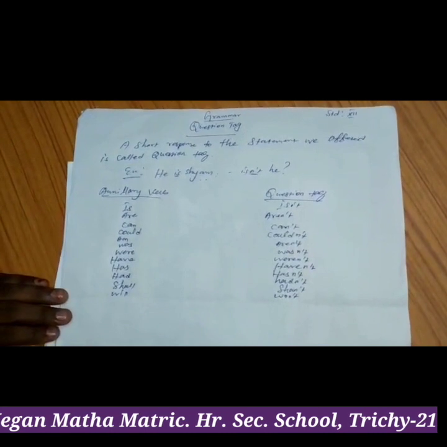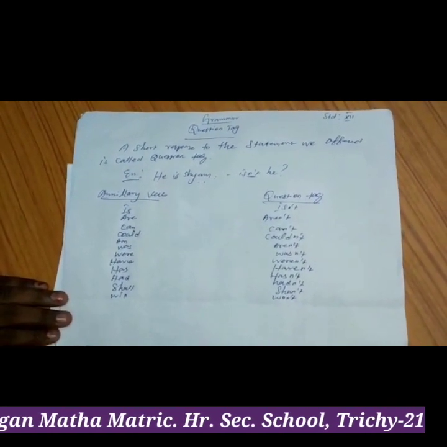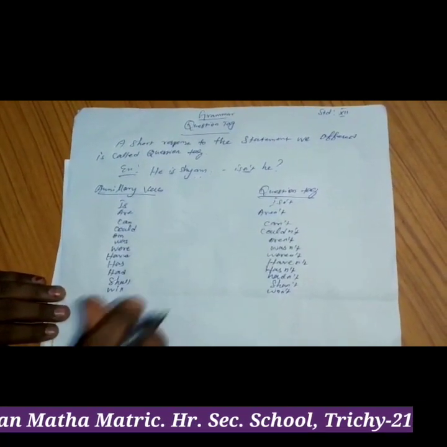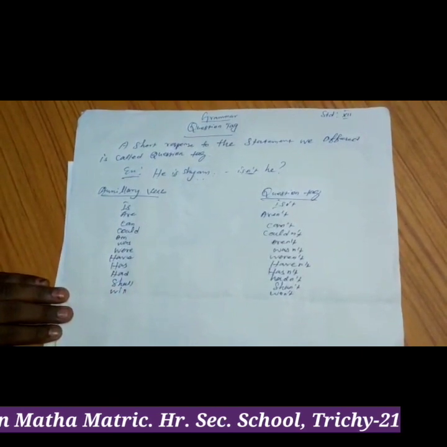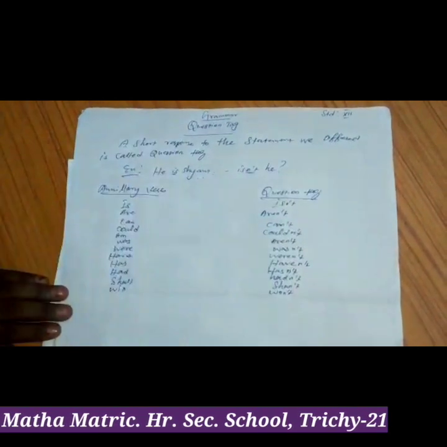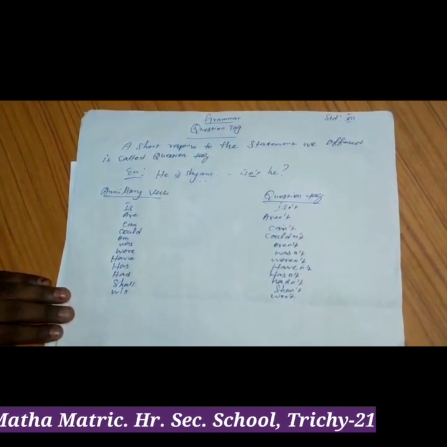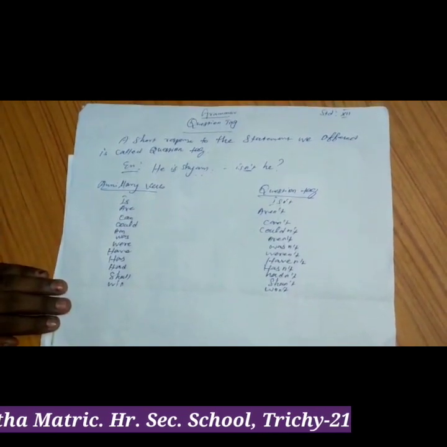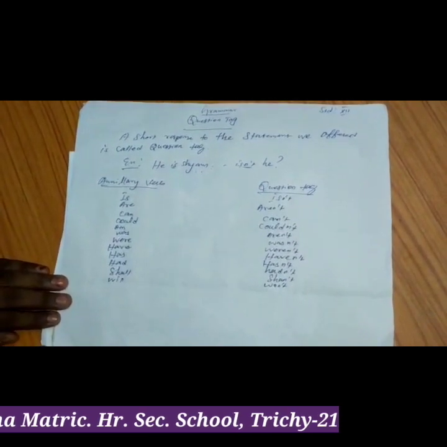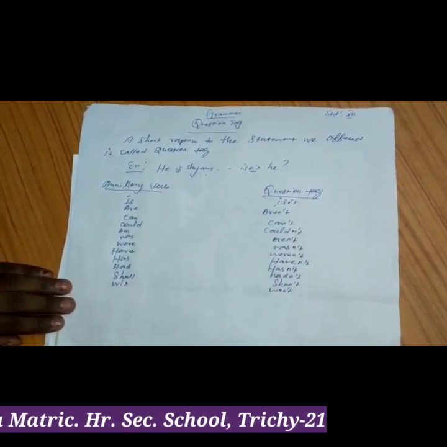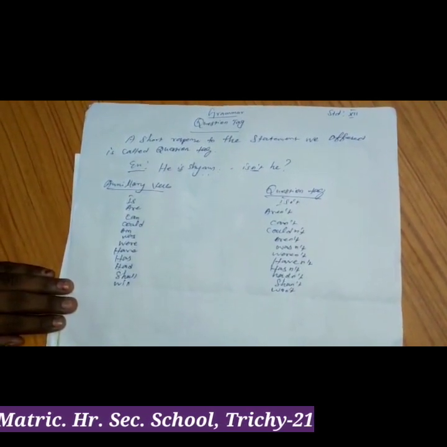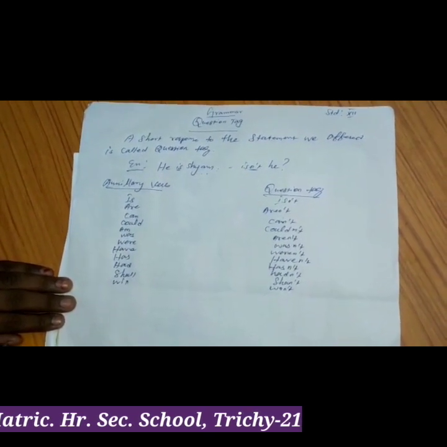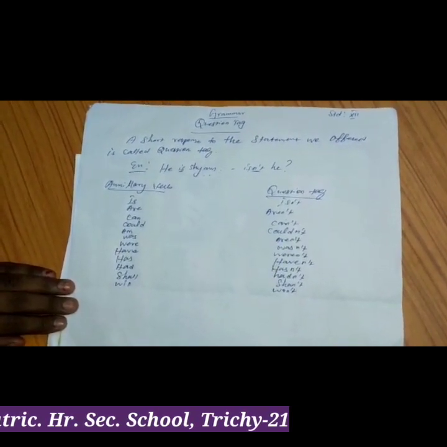If the subject is third person singular, verb plus s, for example, he walks fast, then because the subject is third person singular, it is walks. So how will you make it? Does, doesn't.